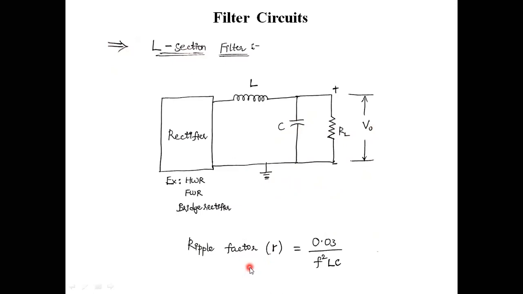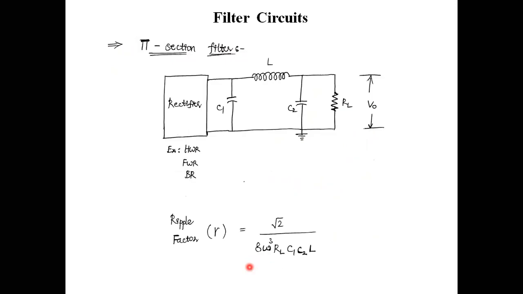Okay, and the next one is the pi section filter. Again there is a rectifier block, which may consist of a half wave rectifier, full wave rectifier, or bridge rectifier. Here the same inductor L is placed, and between this inductor, capacitors are connected in parallel, capacitor C1 and capacitor C2.